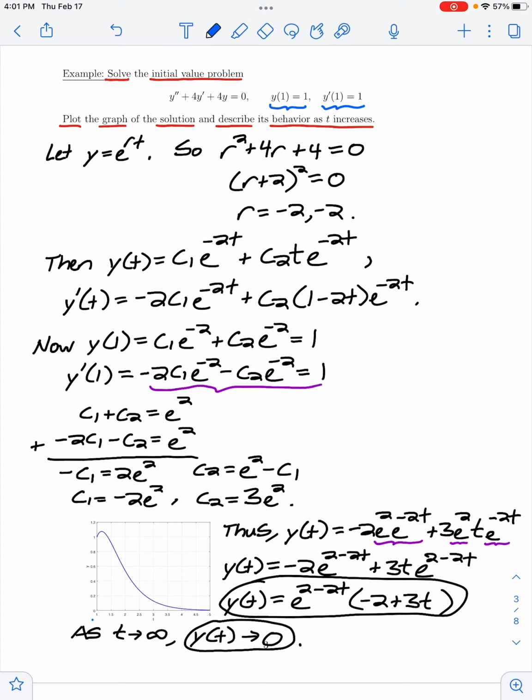At time t equals 1, where our initial value is given, the value of y is 1, and the slope of the tangent line to our solution, y prime of 1, appears to be 1. And then as we follow our solution, as t increases, we see that our solution looks to decay towards y equals 0.